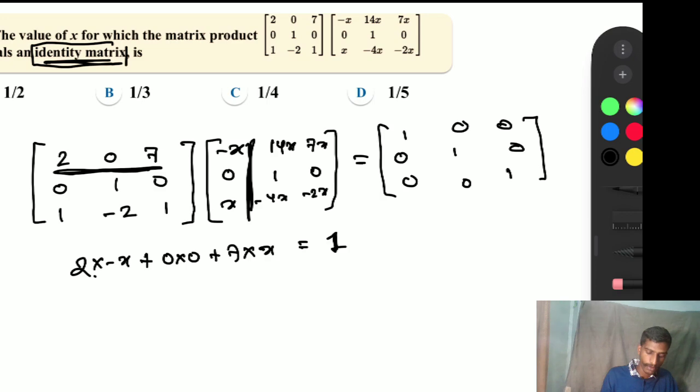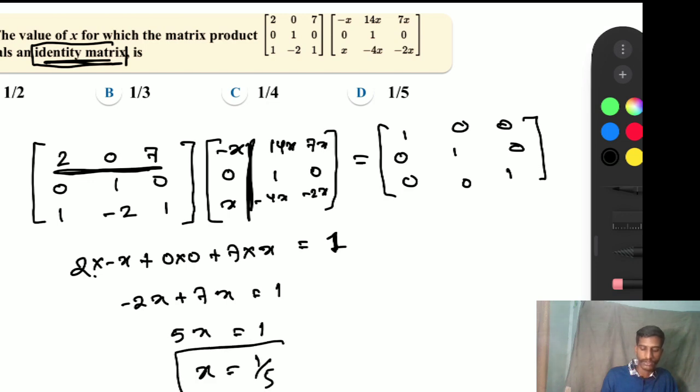So minus 2x plus 7x equal to 1, then 5x equal to 1, then x equals 1 by 5. So our value is found. You don't need to solve the whole problem, just take a value and solve a particular entry.